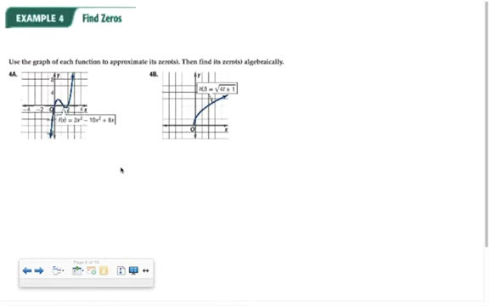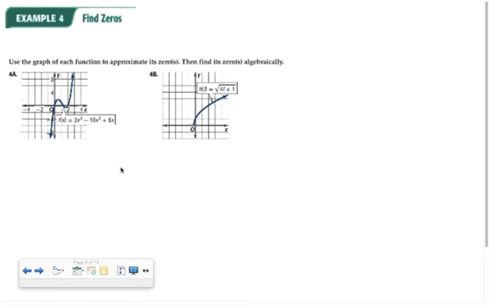In your text, before this example shows up, it talks about what a zero is, what a root is. They're saying the same thing. Zeros and roots of an equation of a graph are the x-intercepts. When we're talking about the root of an equation, what we're talking about is what does x equal in order for the whole equation to equal 0.